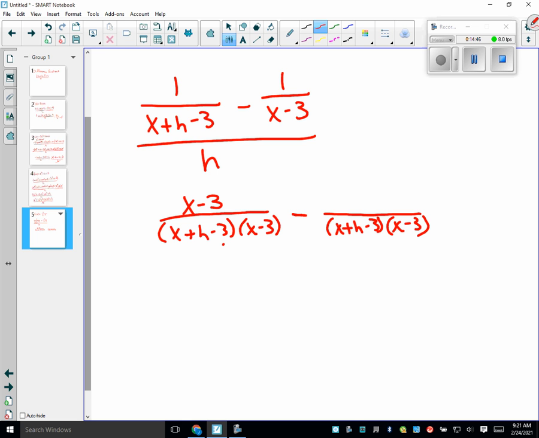Now, for my second, it's a minus in between. For my second one, what did I multiply x minus 3 by to get my new denominator? x plus h minus 3, and all of this is over h. So you get, now, can I combine my two numerators?